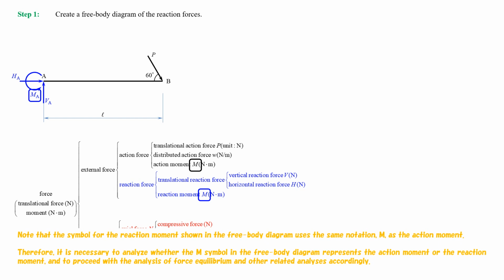Therefore, it is necessary to analyze whether the M symbol in the free body diagram represents the action moment or the reaction moment, and to proceed with the analysis of force equilibrium and other related analyses accordingly.